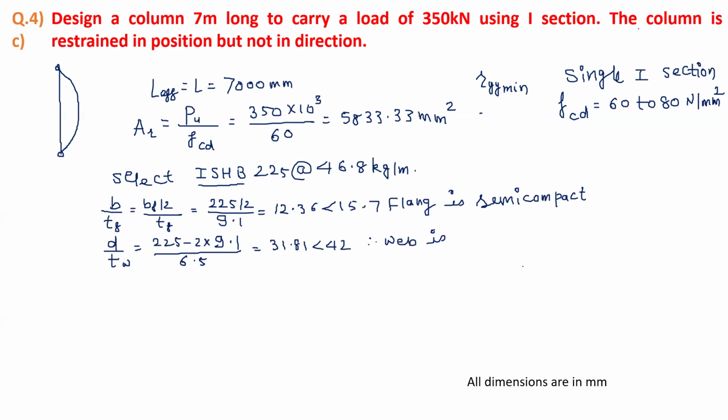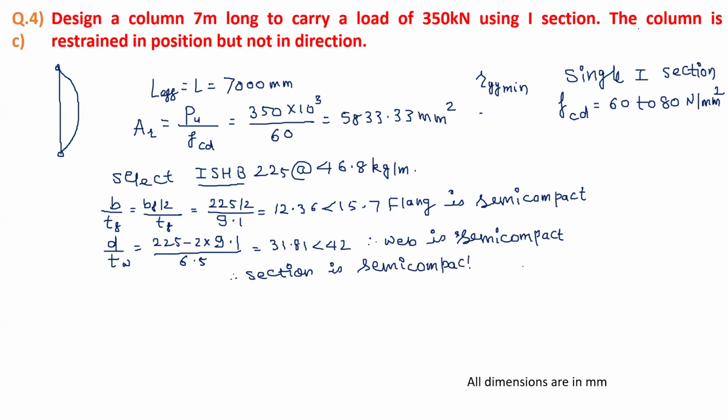So less than 42 epsilon, so web is also semi-compact. And therefore section is semi-compact. Section is semi-compact.